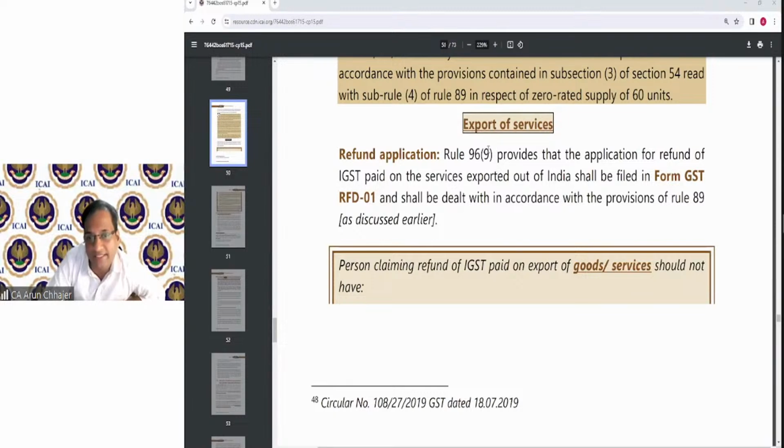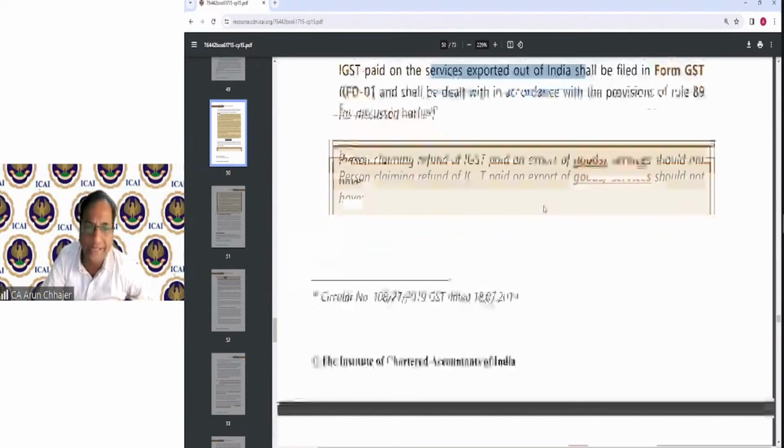Export of service. Rule 96 sub-rule 9 provides that the application for refund of IGST on the service exported out of India shall be filed in RFD-1 and shall be dealt with in accordance with the provision of Rule 89.